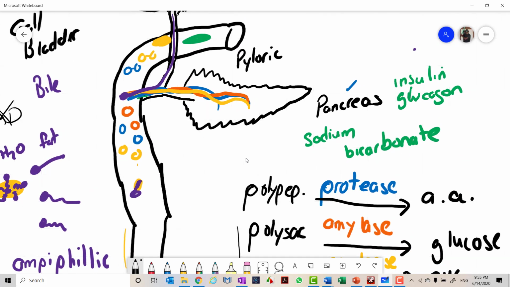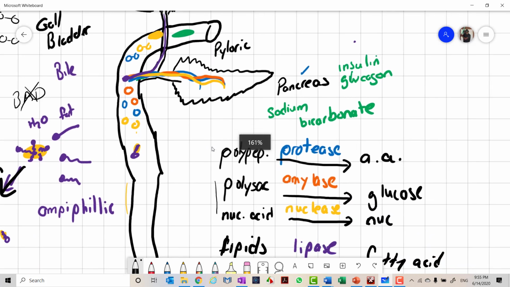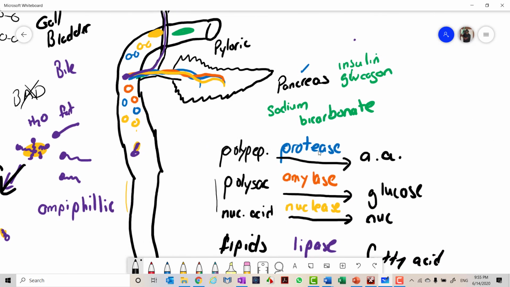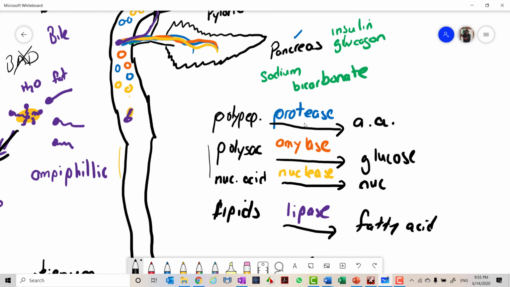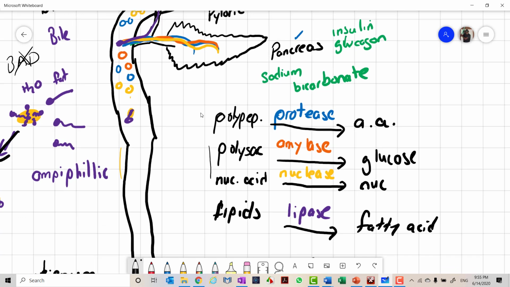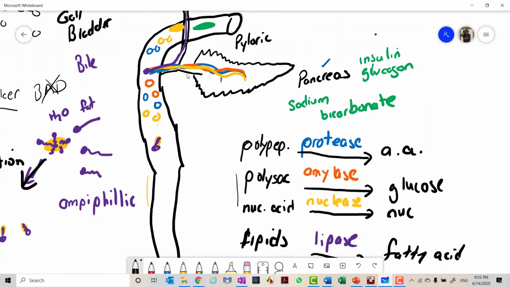If you don't recall, these enzymes include pancreatic proteases, pancreatic amylase, pancreatic nuclease, and pancreatic lipase. Each of these are responsible for breaking down a different type of macromolecule. The fat digestion is a little bit more complicated, and I'm not going to go over that here again because I want to focus on circulation.